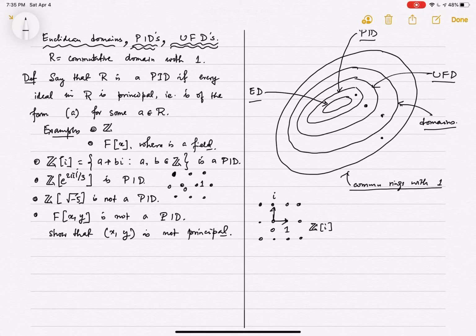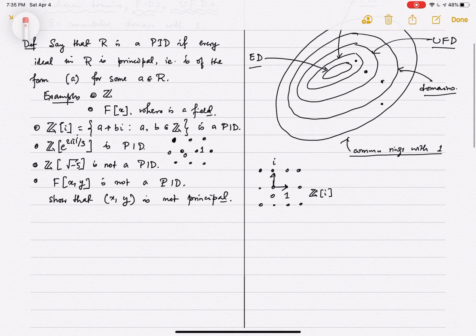Yeah. So to talk about the UFDs, first I need to introduce the irreducible elements. So here's the definition. Recall, this also has been given some time before, I think.